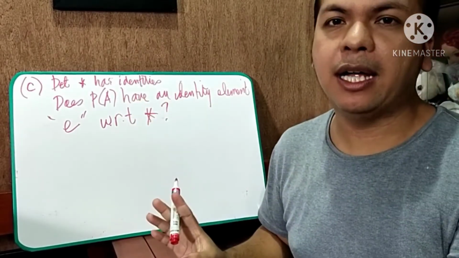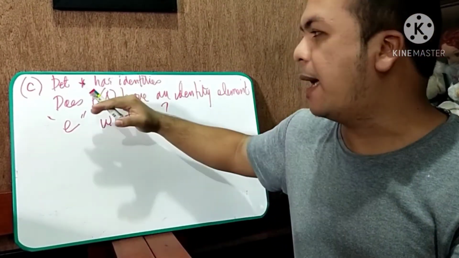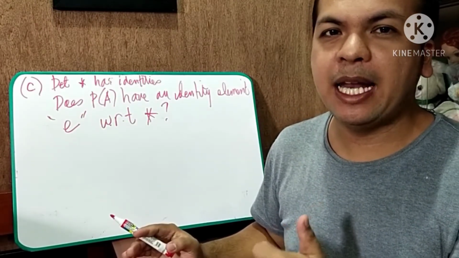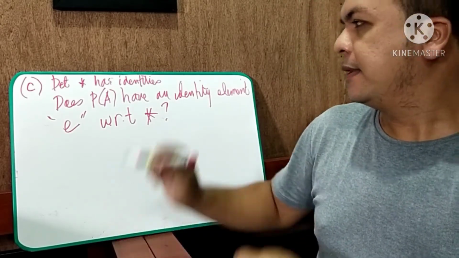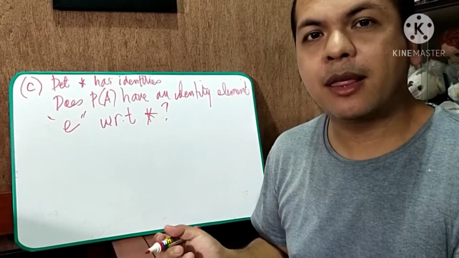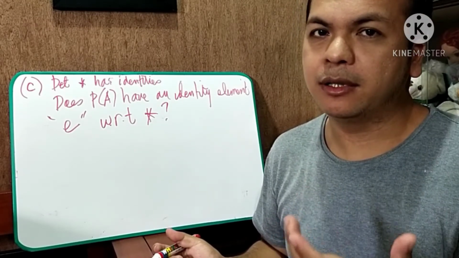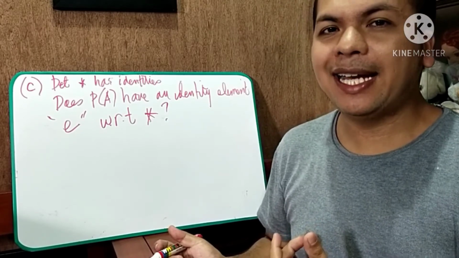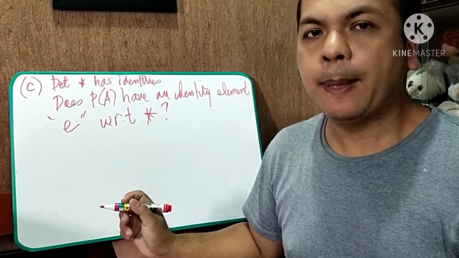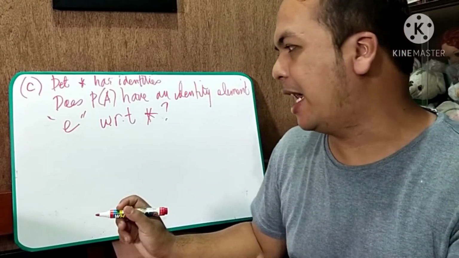Meron ba tayo makukuhang identity? Nag-exist ba yung identity element dito sa P of A? Okay? If yes, ano yung identity element na yon? Okay. Now, to show whether this set here has identity element or does not have an identity element, so we recall natin yung definition natin ng identity, existence of an identity element.